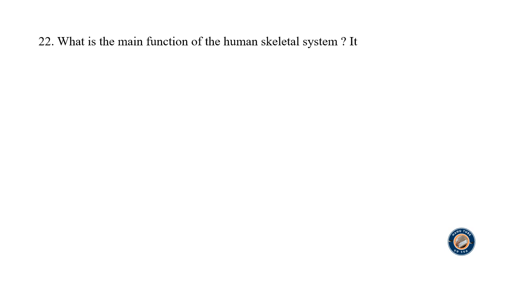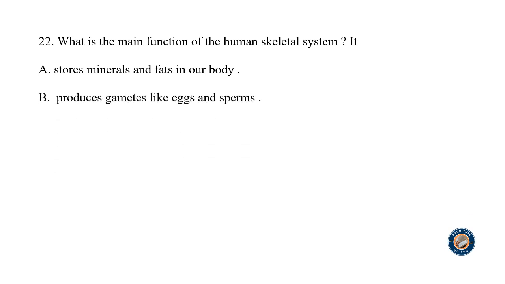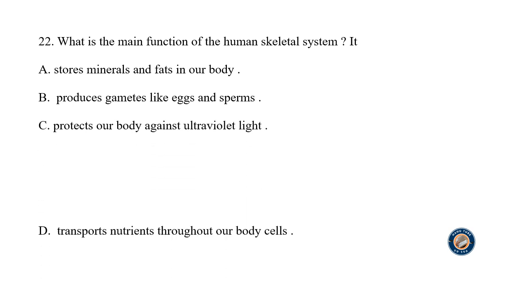Question number 22. What is the main function of the human skeletal system? A. It stores minerals and fats in our body. B. It produces gametes like eggs and sperms. C. It protects our body against ultraviolet light.